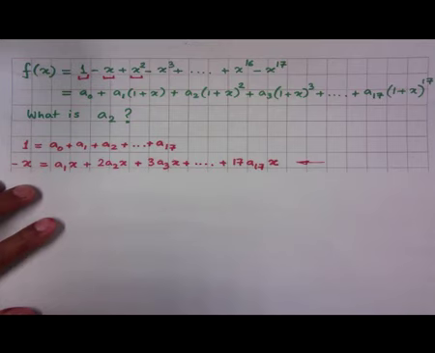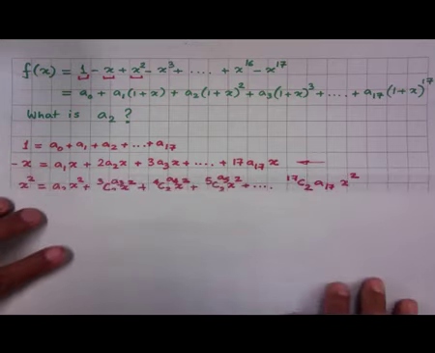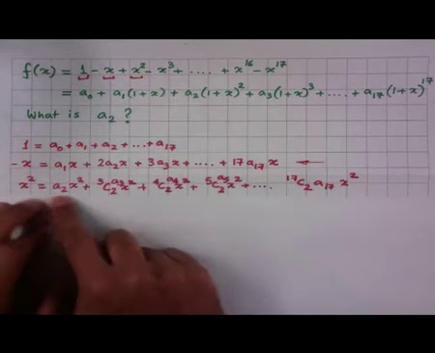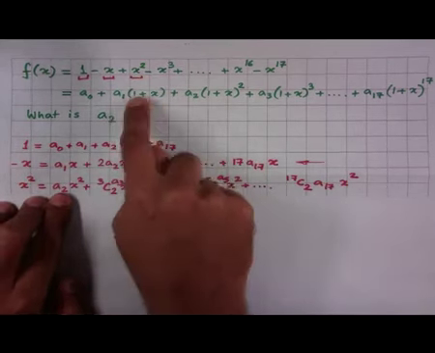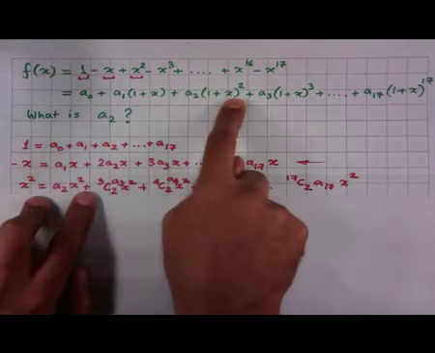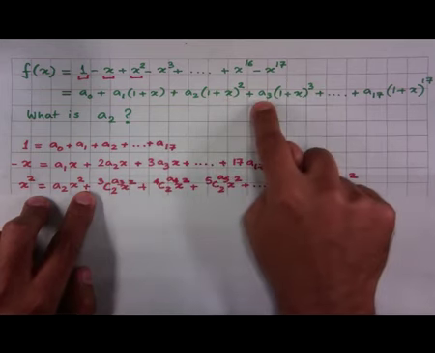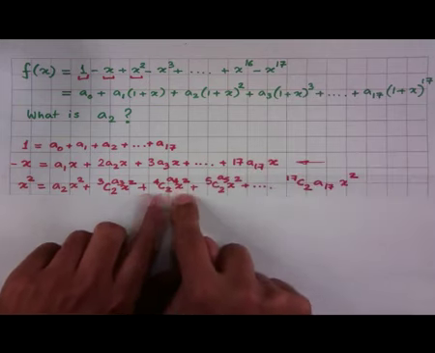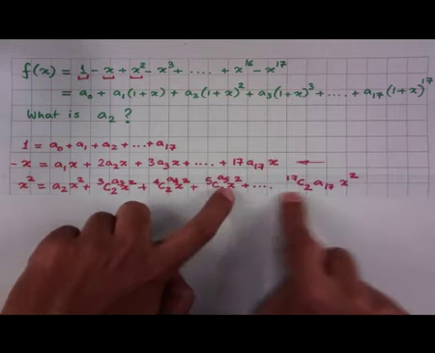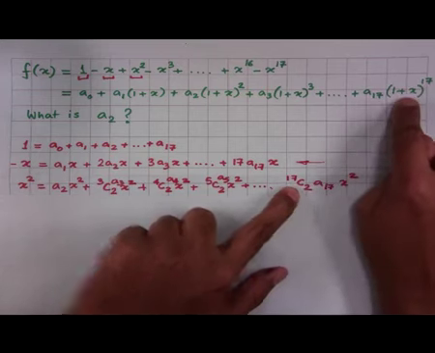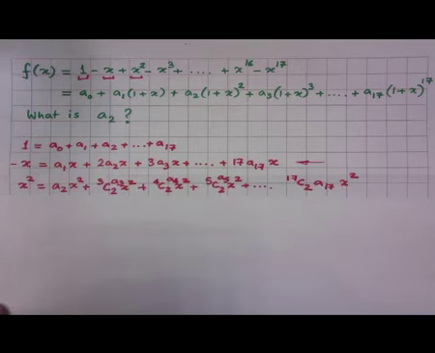So, this was my second relationship, and then we looked at the x squared term. This does not have an x squared, there is no x squared here. So, I get a2 times x squared + 3C2 a3 times x squared + 4C2 a4 times x squared + 5C2 a5 times x squared all the way till 17C2 a17 times x squared. Okay, so, these were the relationships.